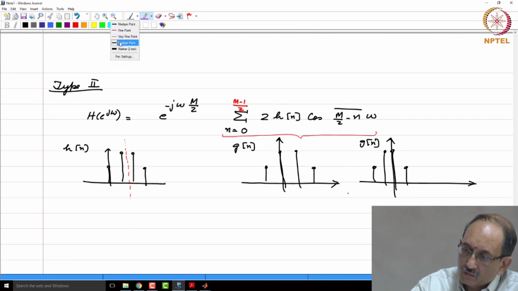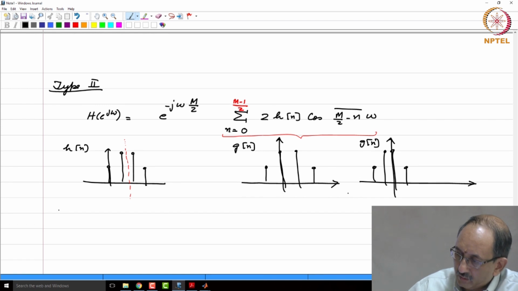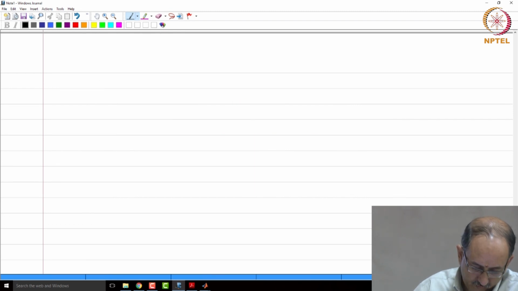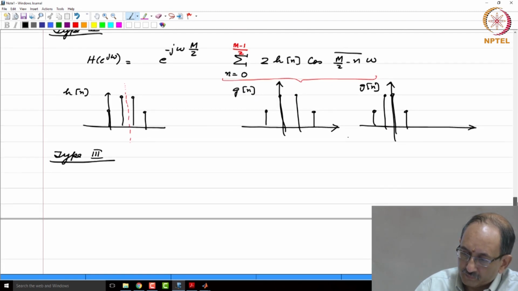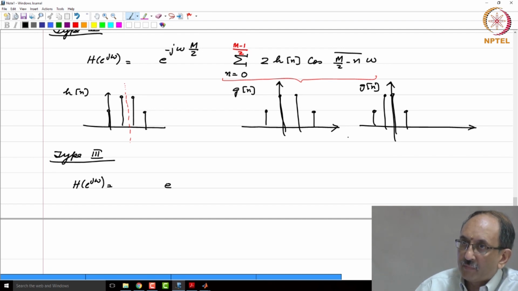And now that you have seen type 2, types 3 and 4 are similar. So, you have H of e to the j omega. Remember, type 3 is generalized linear phase, beta corresponds to pi by 2.